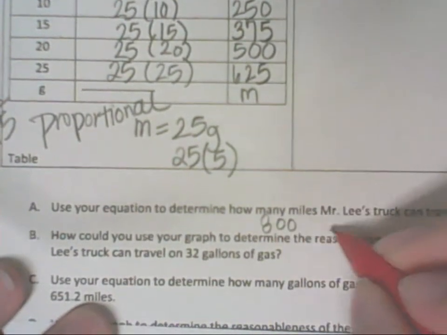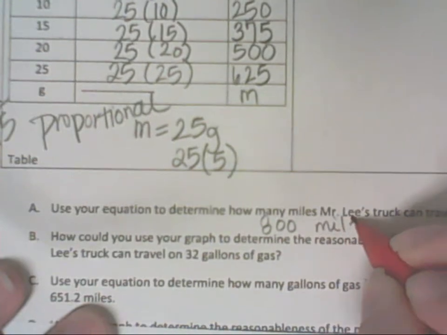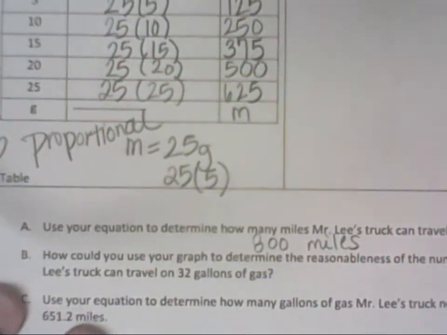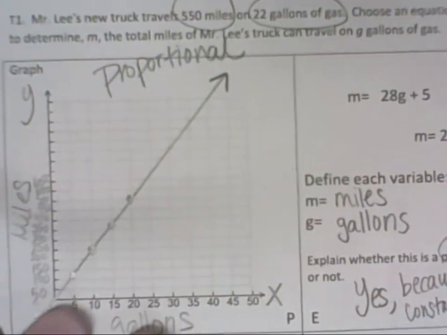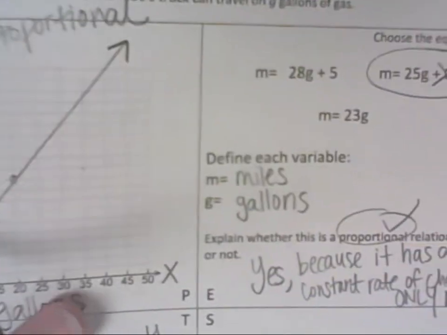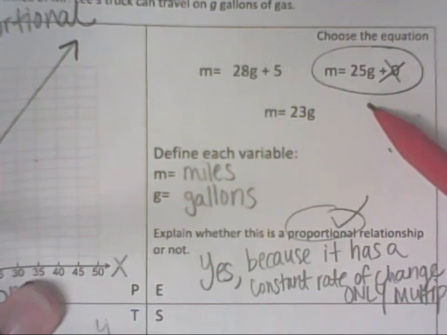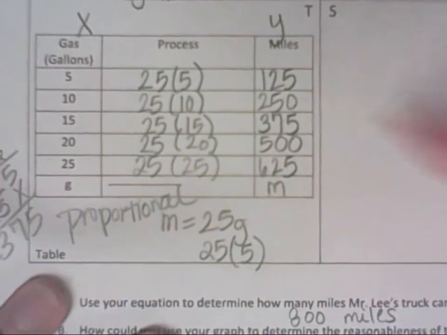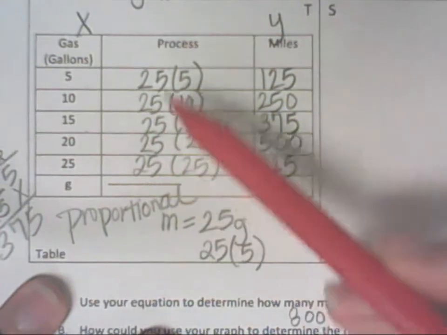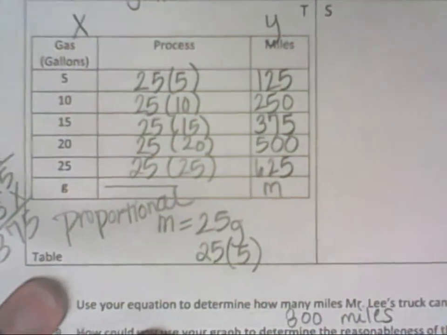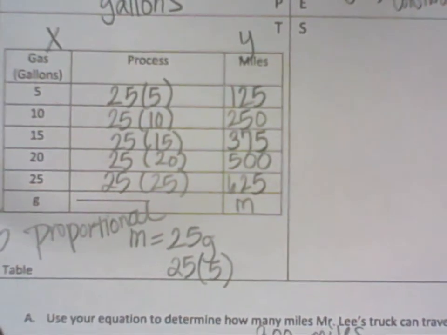Okay, and we're just going to go throughout the rest of this and solve them, just like we did before, because we've already determined that the graph is proportional. We have selected the appropriate equation, and the equation is proportional because it has a constant rate of change. Also, our table is multiplying by the same constant rate, so it's proportional.